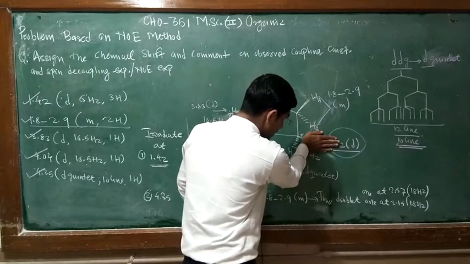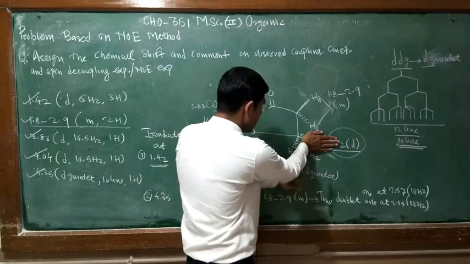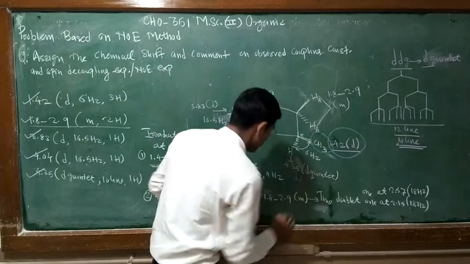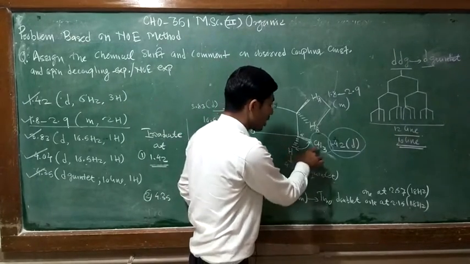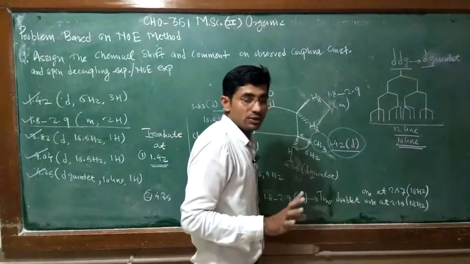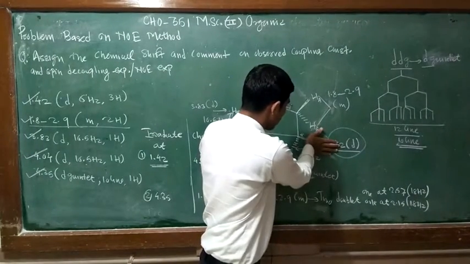If you irradiate this proton, then the proton at 4.35 doublet of quintet is changed into doublet of doublet with 6 and 9 hertz. This proton is not coupled with this because of irradiation at 1.42.